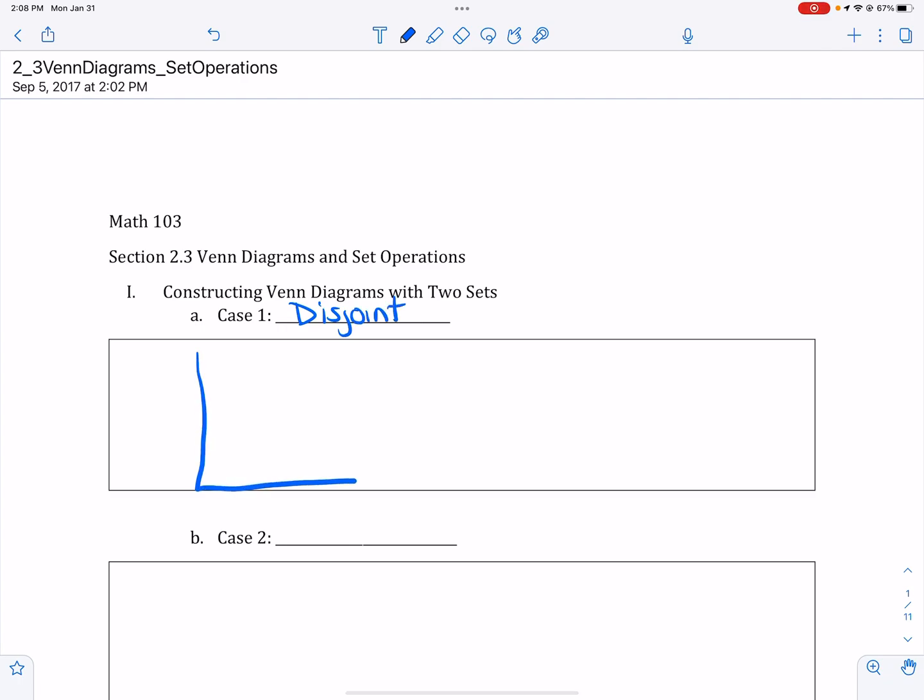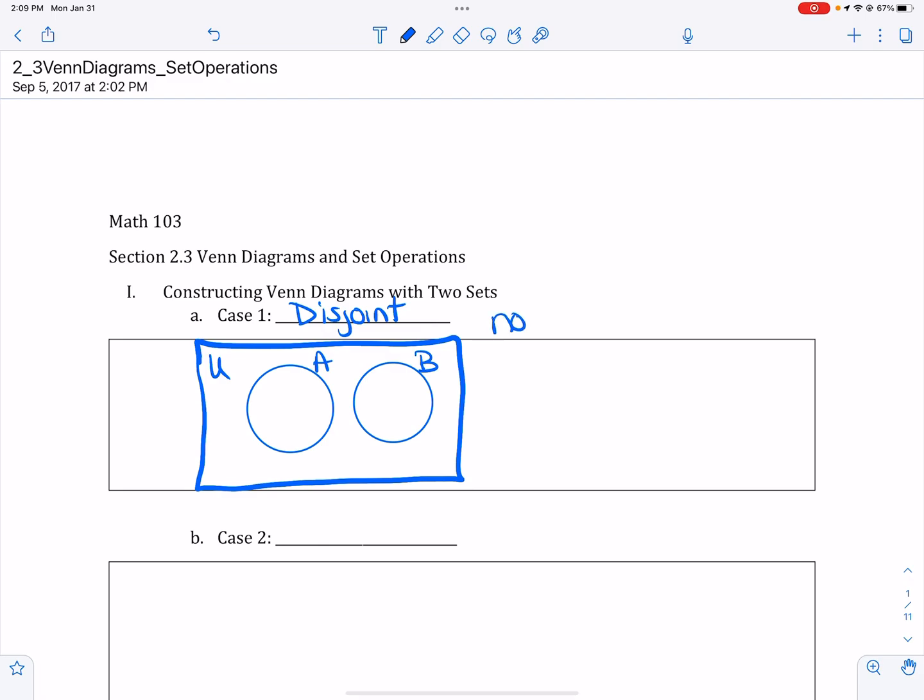So you will have a universal set, which we call U. You will have 2 circles inside that set. One set being A and one set being B, and there is no overlap in sets.